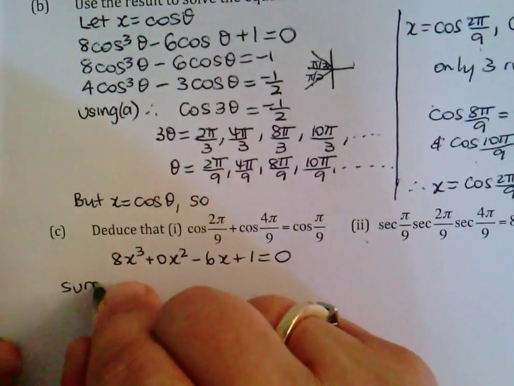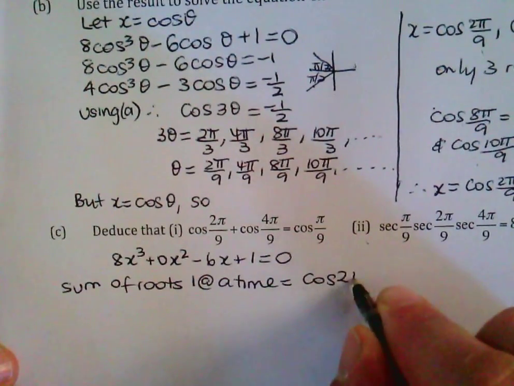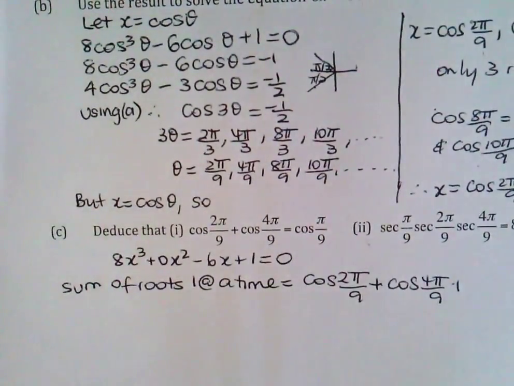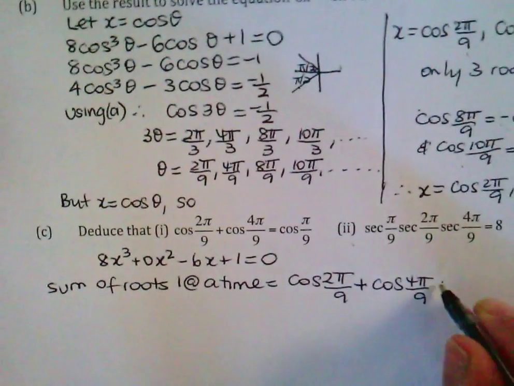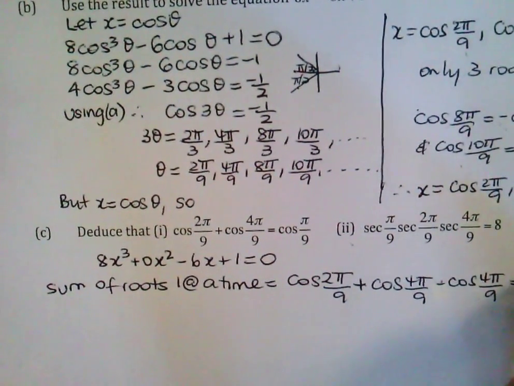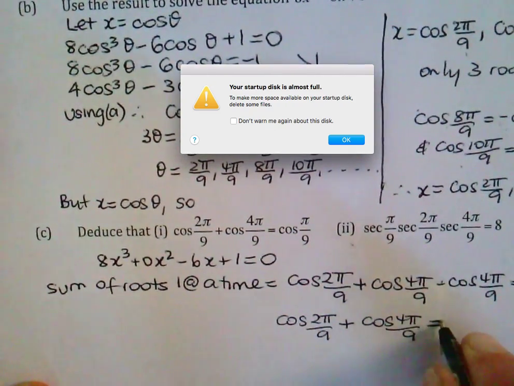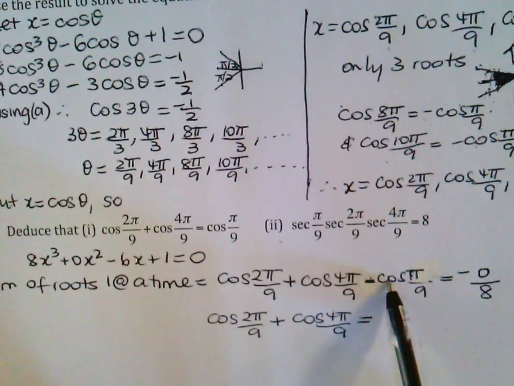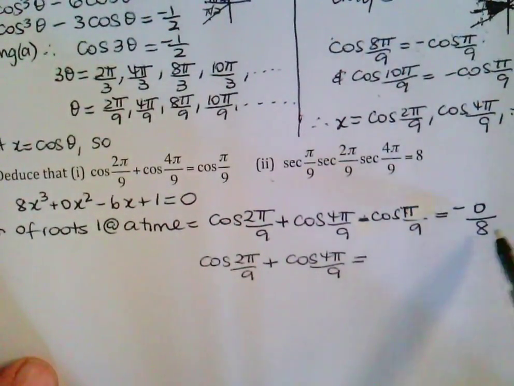So therefore, we really want to do sum of roots one at a time: cos of 2 pi on 9 plus cos of 4 pi on 9 minus cos of pi on 9, that's adding the three roots from part B together, equals negative b on a, which is negative 0 on 8, which is just 0.